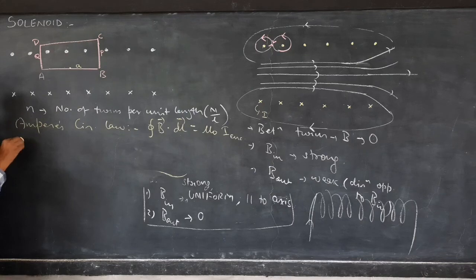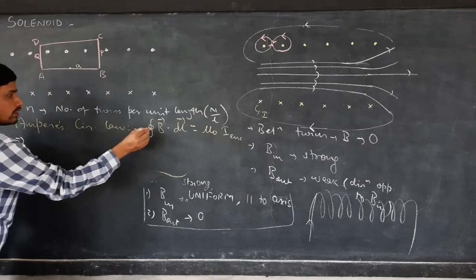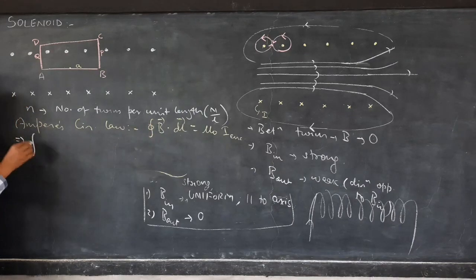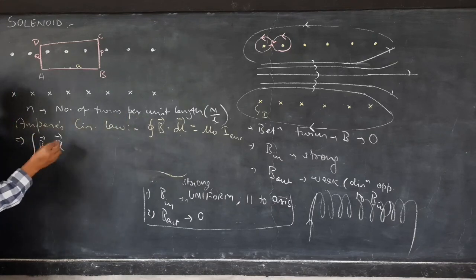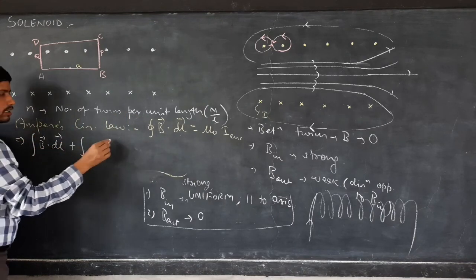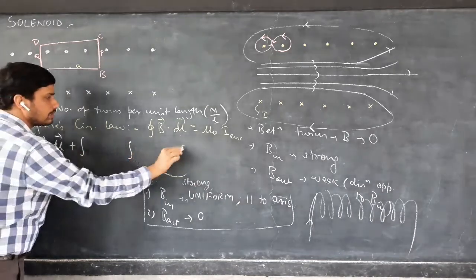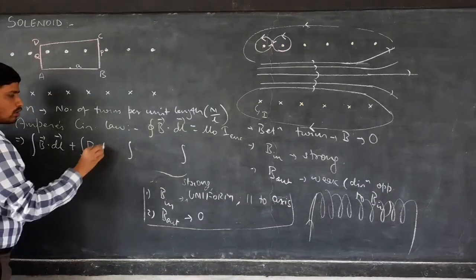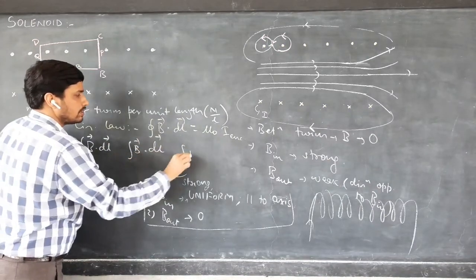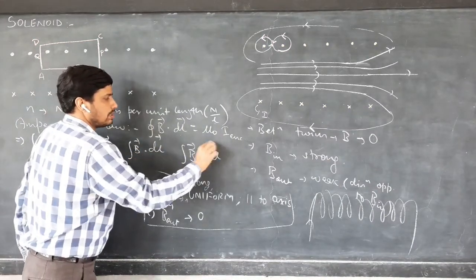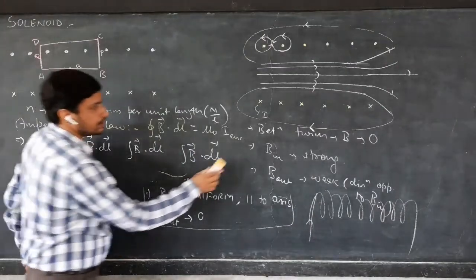So this equation will become, now this integral is for a closed loop. So we will find this integral along each side of the rectangle. Let me rub these parts.